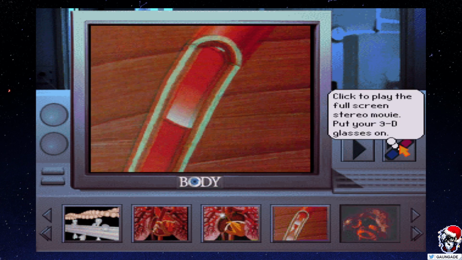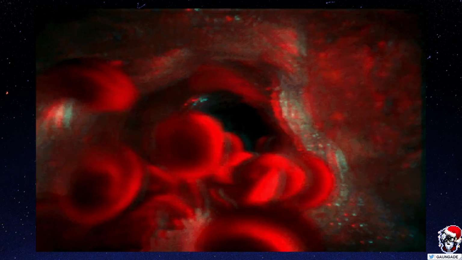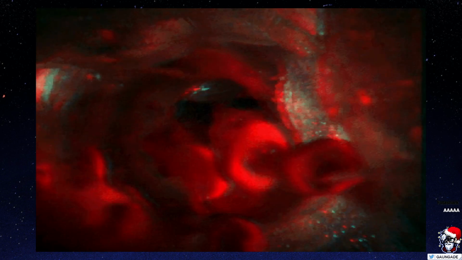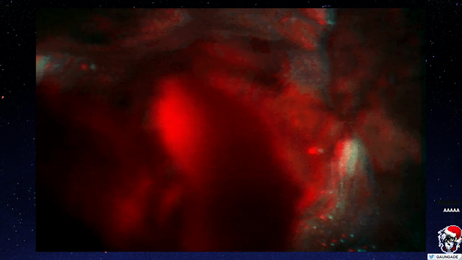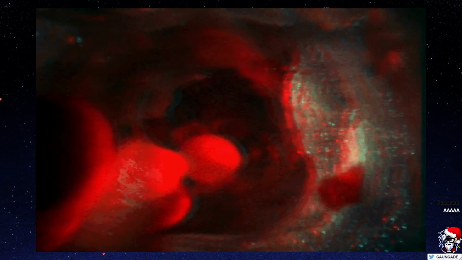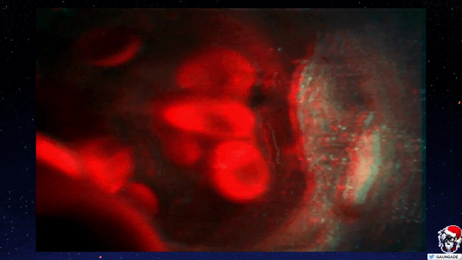The Artery movie. Oh, this is my favorite movie. What the fuck? Is this real? I can't even tell because of the 3D effect. This is probably the scariest game we played this month.